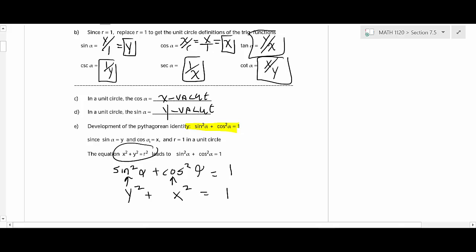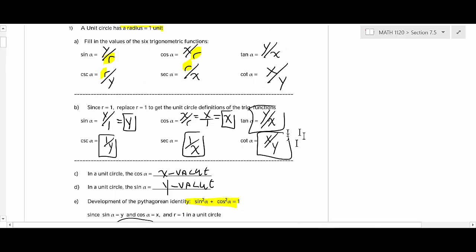You know that x squared plus y squared equals r squared. So that's kind of where that comes from. Once you learn the unit circle, you'll make a little bit better connection. So that is really just saying x squared plus y squared equals 1, where the radius is 1. Does that make sense? Okay. So basically, I'm just replacing sine with y, cosine with x, because that's the way they work in a unit circle. That's what you want to get in mind.